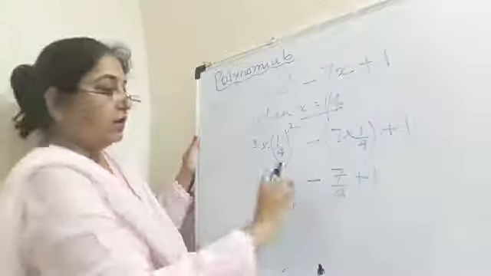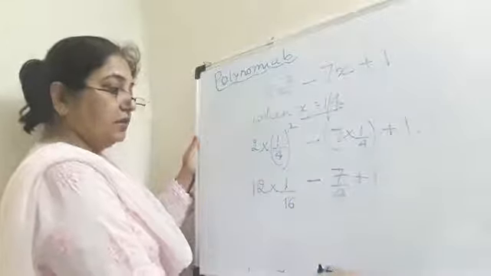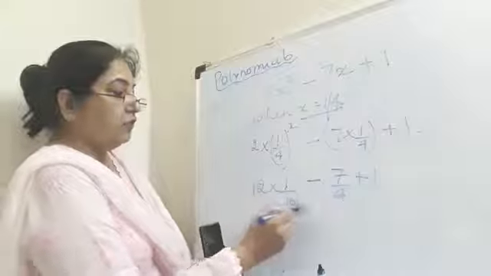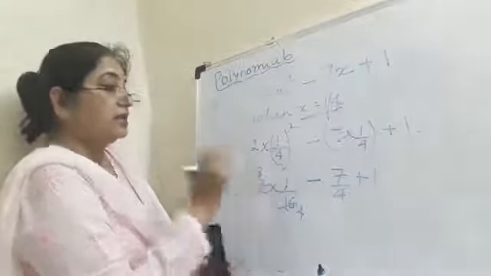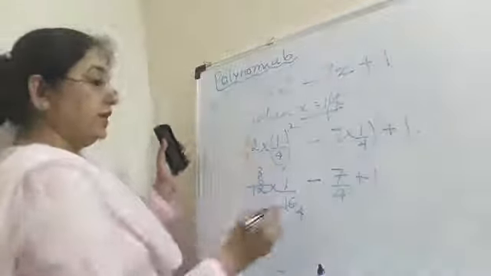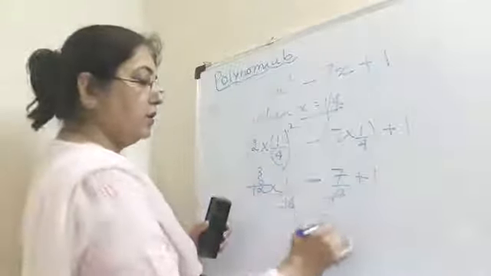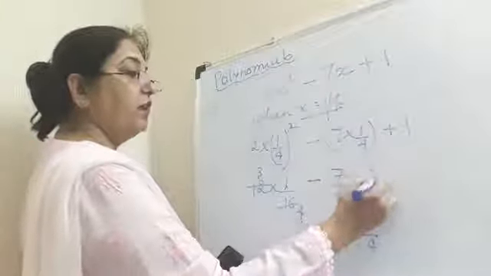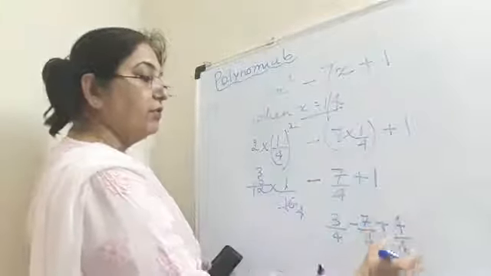Now since you've got fractions here, you will find the LCM. 12 upon 16 we can simplify. 4 4s are 16 and 4 3s are 12. Okay, so we will write 3 by 4 minus 7 by 4, and for 1 I can write 4 by 4.